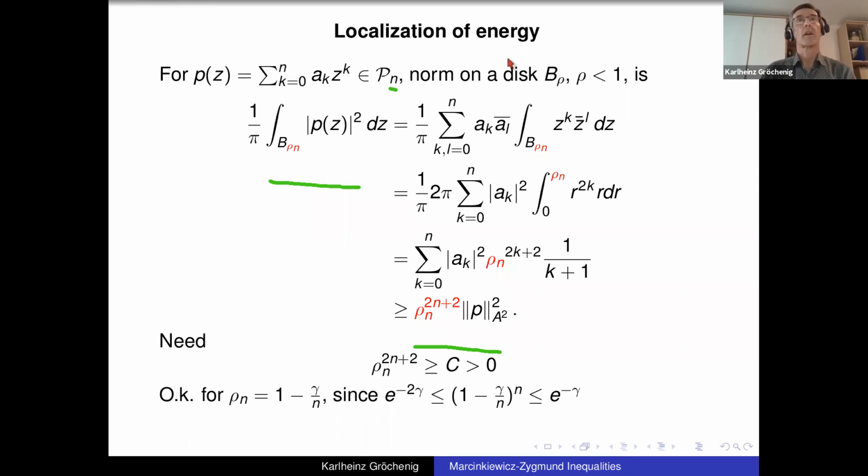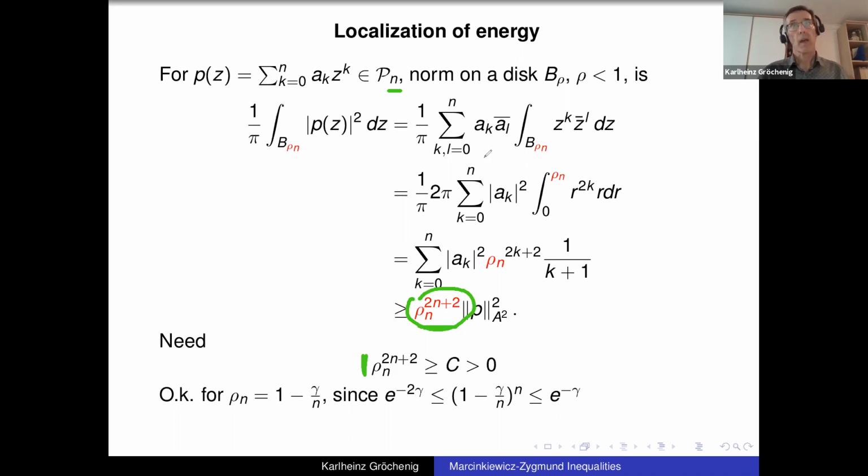Okay, we vary the degree n. And so we write rho sub n instead of rho, and we obtain this here. First goal is to choose the radius in dependence of the degree in such a way that we get a uniform lower bound that's independent of the degree of the polynomial. And so we need that rho sub n to the 2n plus 2 is bounded away from 0.